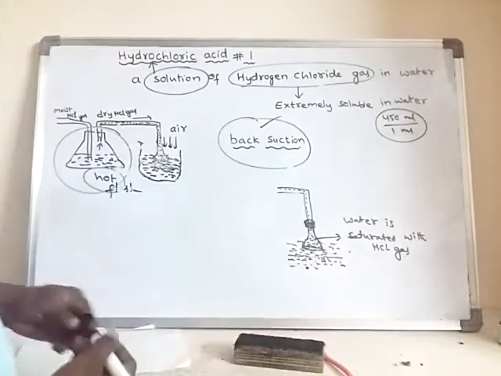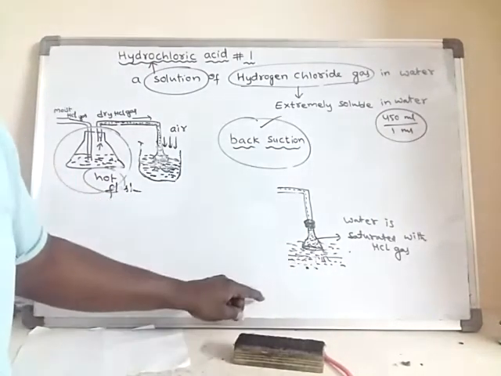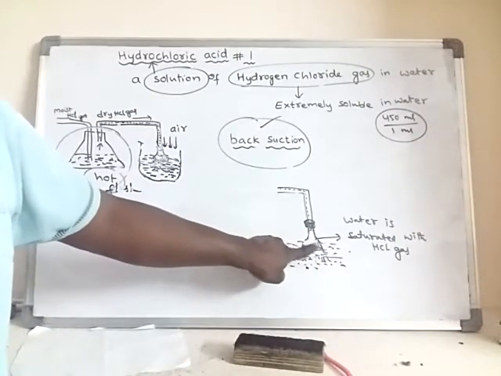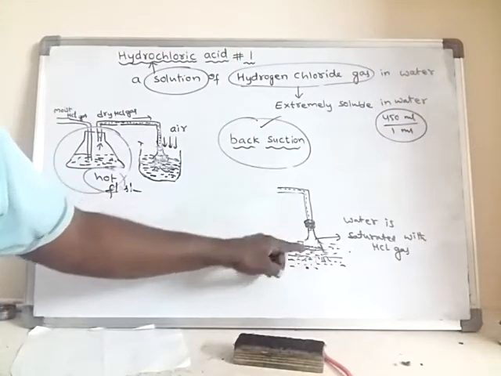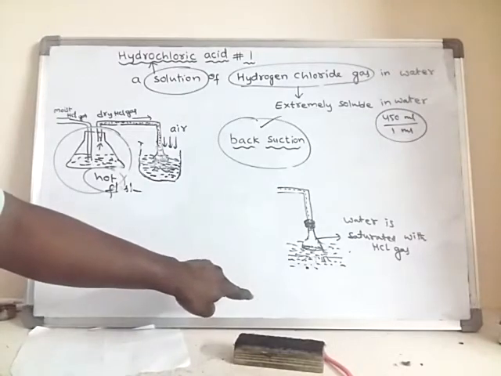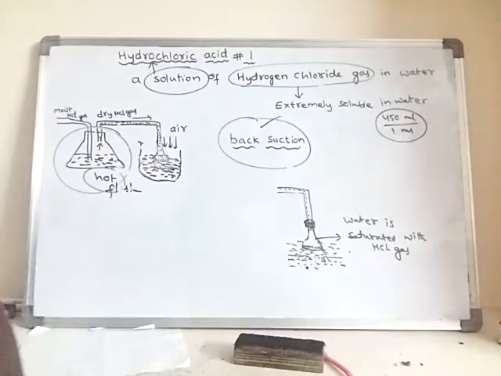Now it has become a solution; before that it was water. Again, due to the development of low pressure, this solution will enter here, and the process will be repeated until this entire solution becomes a saturated solution of HCl.